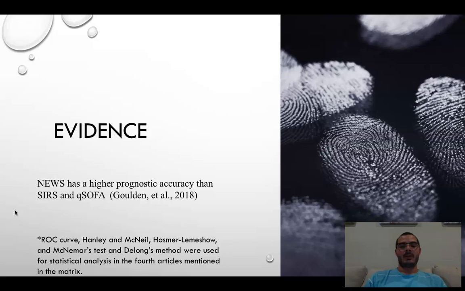Now we'll get into some of the evidence that I found in the articles. Overall, NEWS had a higher prognostic accuracy than SIRS or qSOFA.